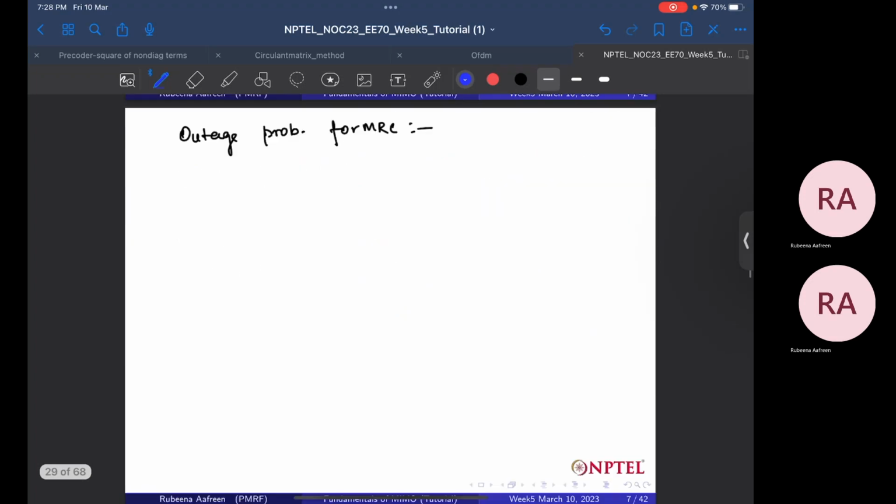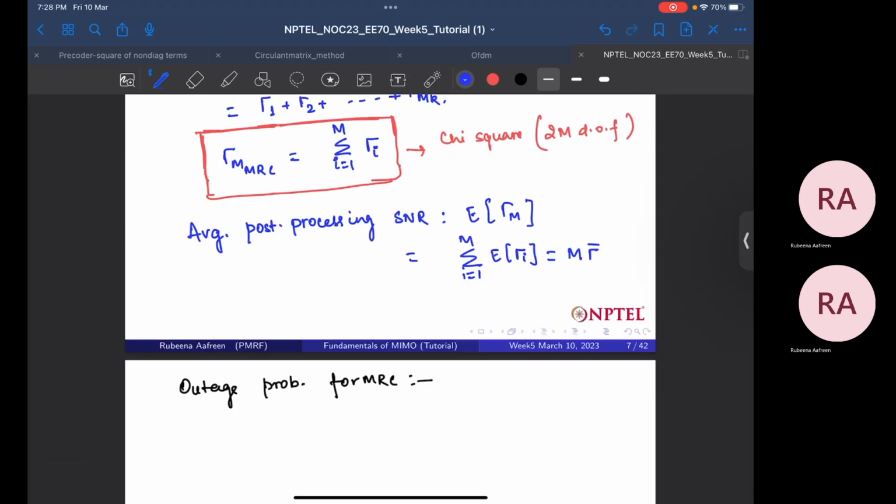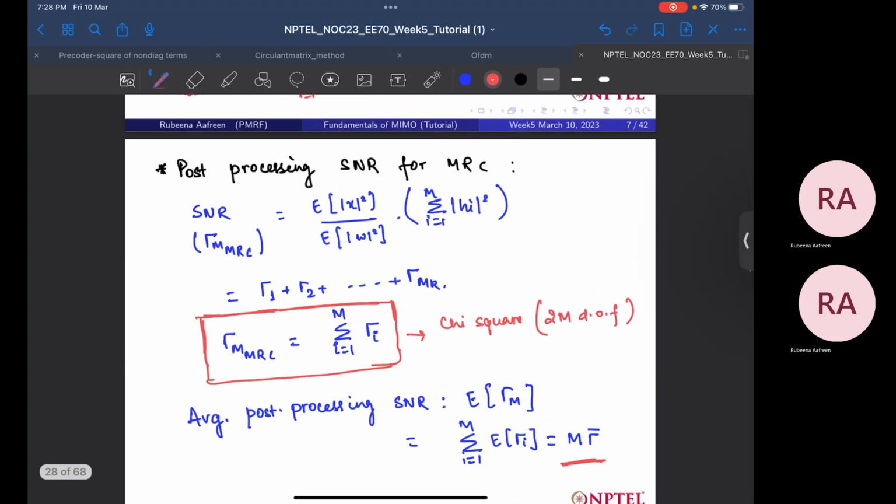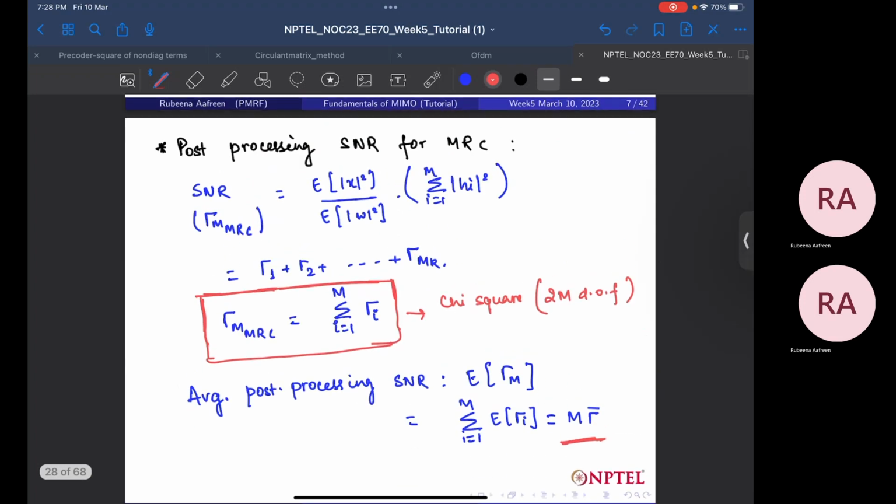Okay. So this is very important actually. Two things are there. If you have to just calculate the post processing SNR, and SNR of all the other branches are given, then you can directly use this formula to calculate the post processing SNR, right?